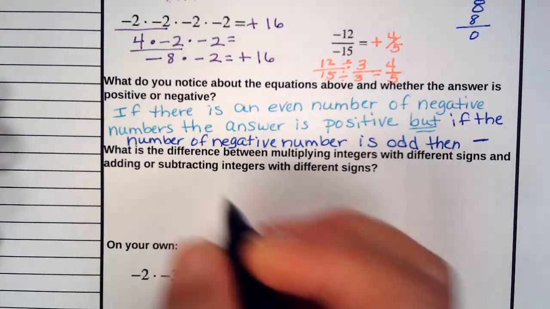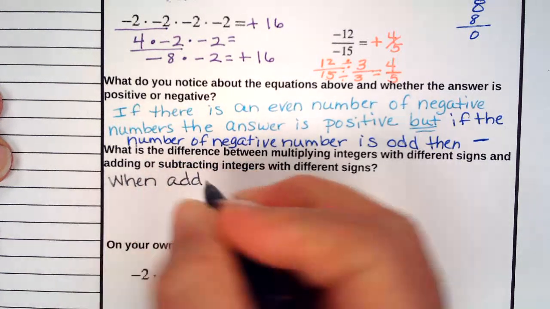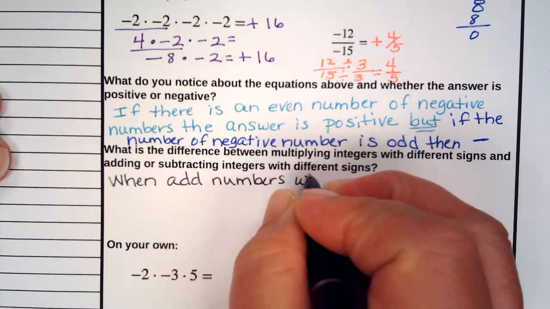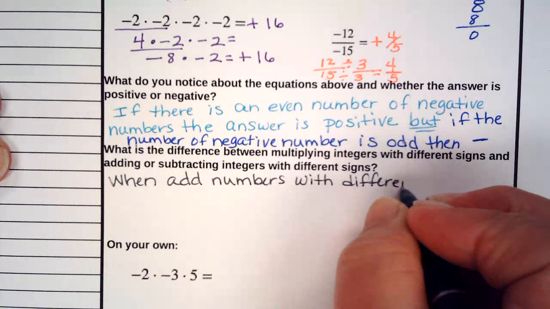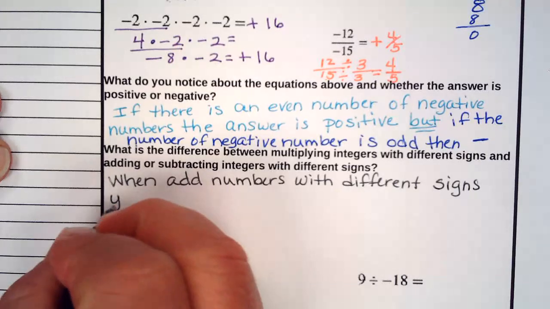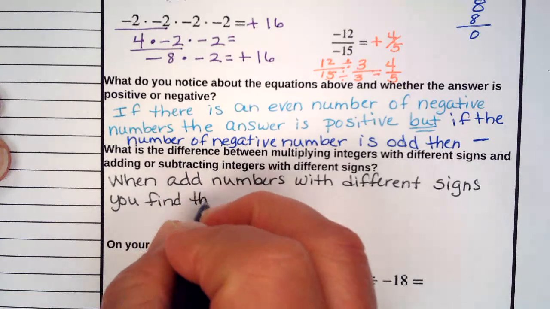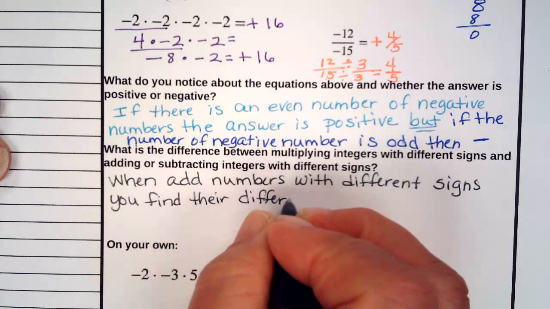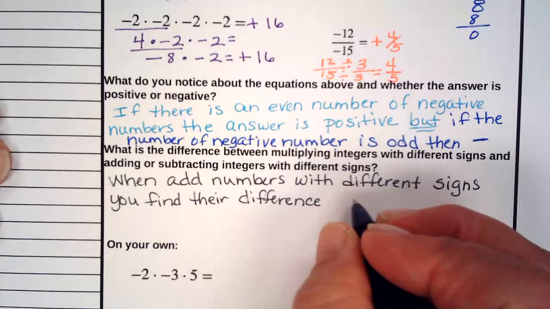Well, when adding numbers with different signs, you find their difference and then keep the symbol of the larger base.